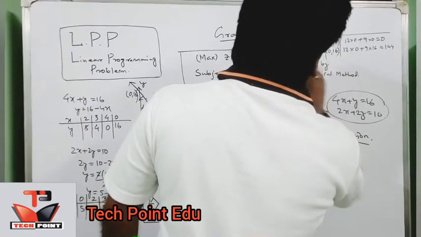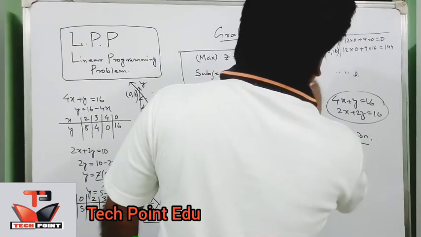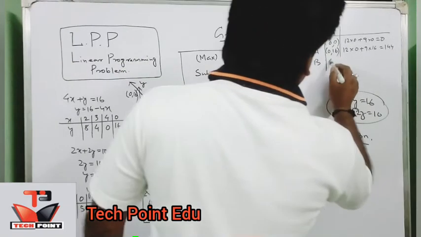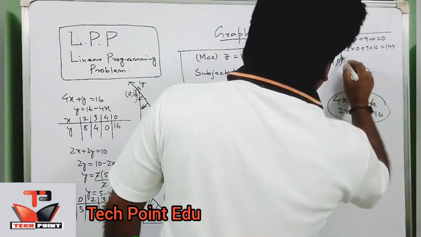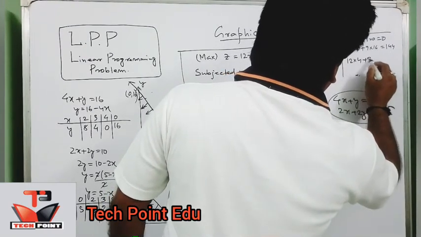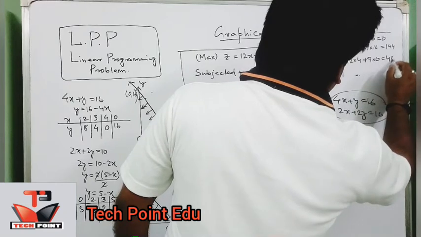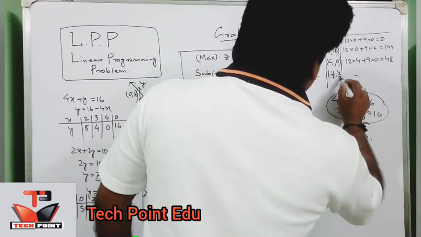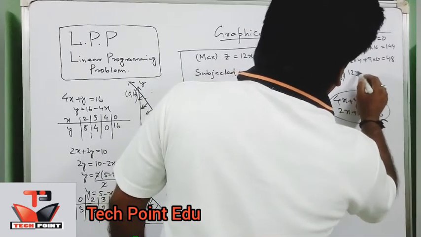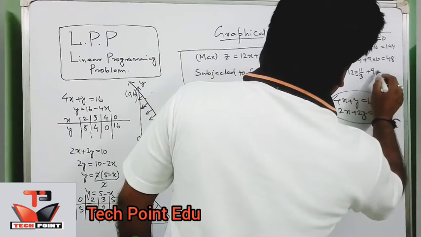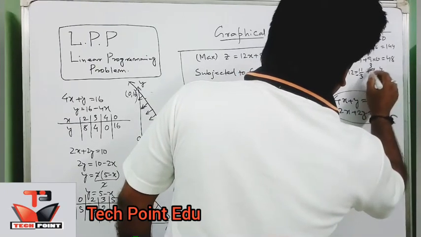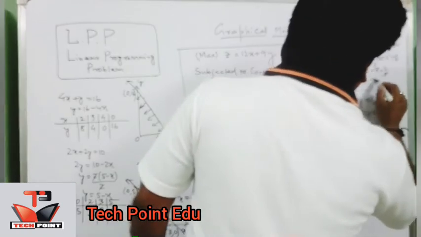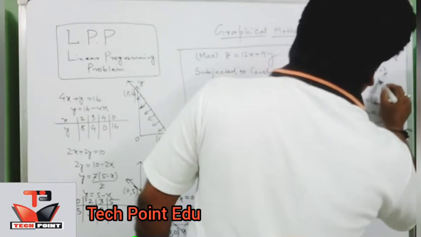Next is your B point. B point is your 4, 0. That is 12 into 4 plus 9 into 0. That means 48. And your C point 11 by 3, 4 by 3. That means 12 into 11 by 3 plus 9 into 4 by 3. 3 into 4 is 12, 3 into 3 is 9. That means 44 plus 12, 56.